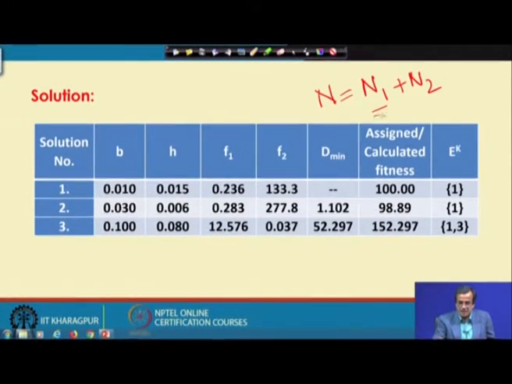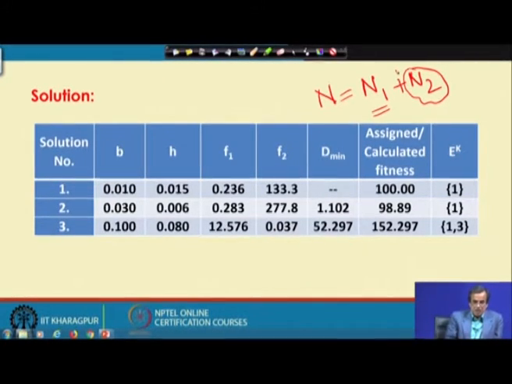So, n 1 contains all the solutions on which the GA operators are going to operate, and n 2 is another subpopulation that contains all the non-dominated solutions, with the help of which we can find the Pareto optimal front. Now, the way it works.